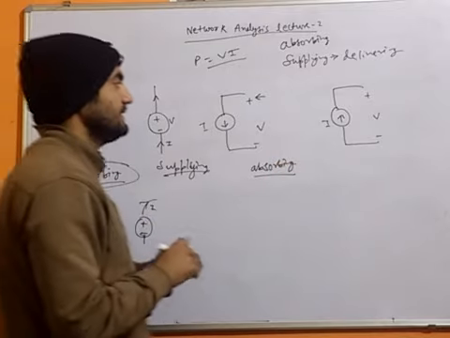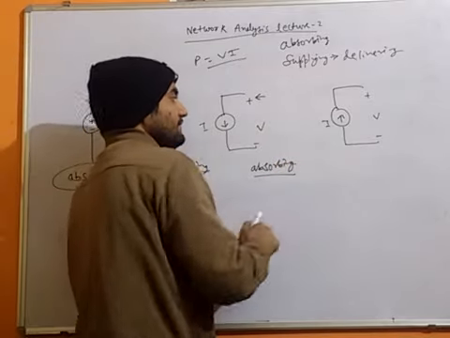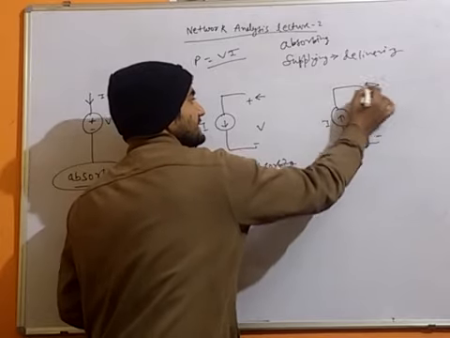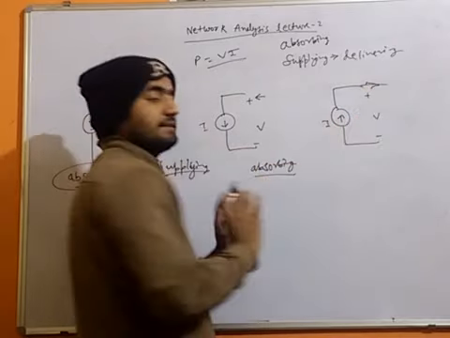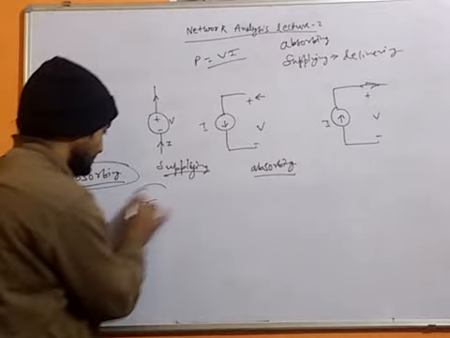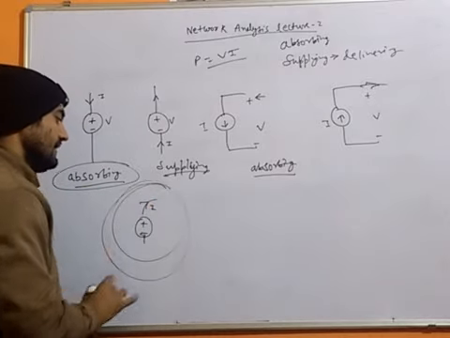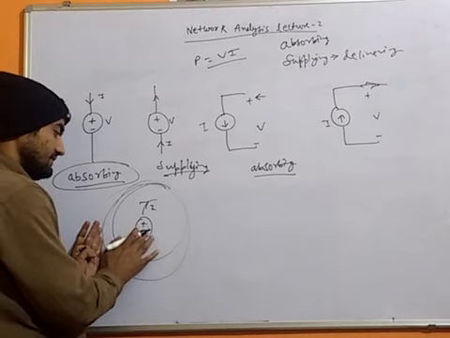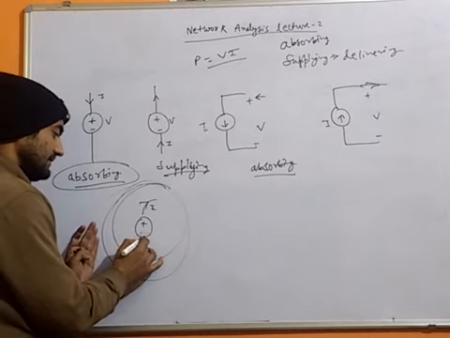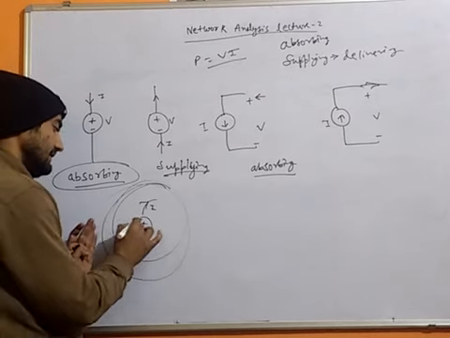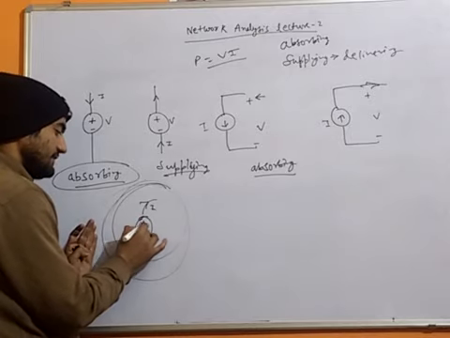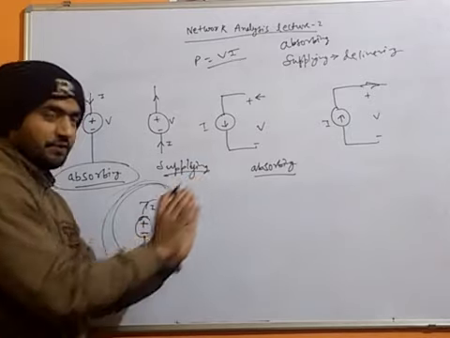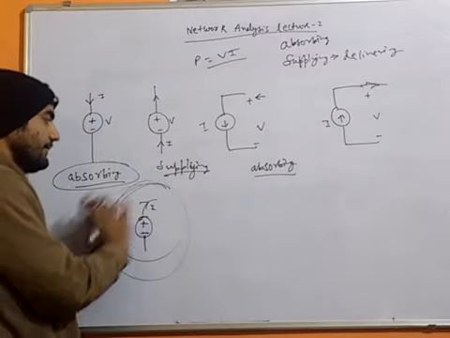Now what about this one? Again, we can see from the positive side current is exiting, and from the positive side we are supplying current. This is the case of a supplying voltage source. We must keep in mind that for a supplying voltage source, this is the only case: from the positive side current is given, then it is supplying.